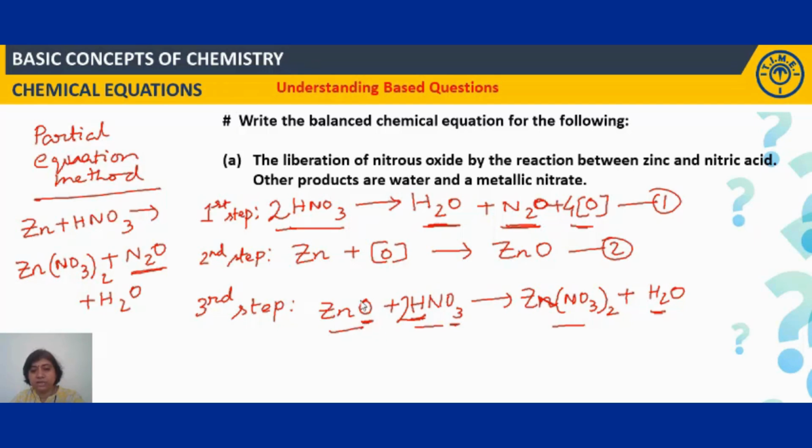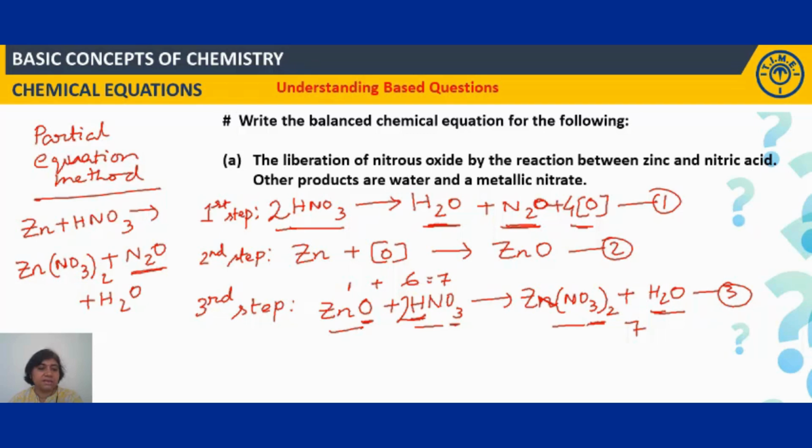From zinc oxide there is 1 oxygen atom, and from nitric acid there are 2 nitric acid, so 3 2s are 6. So total 7 oxygen atoms are there. 1 plus 6 is equal to 7. Let us look at the right hand side. In zinc nitrate 3 2s are 6 oxygen atoms, in water 1 oxygen atom. So here also it is 7. So now the third equation is also balanced.